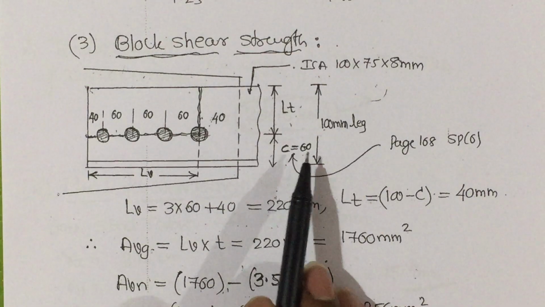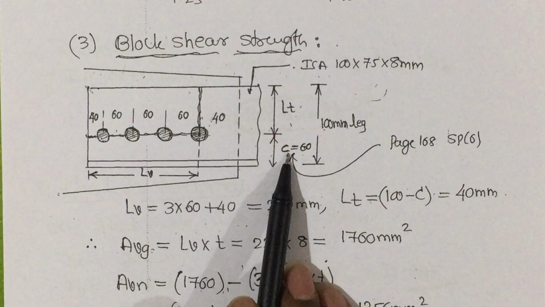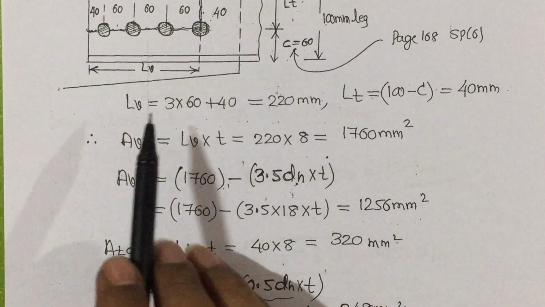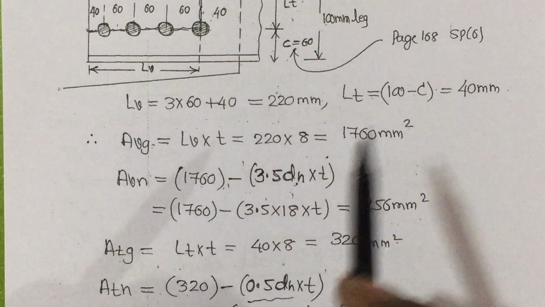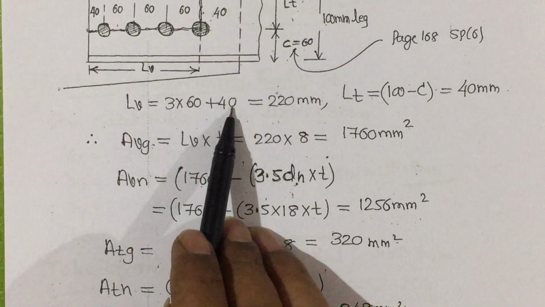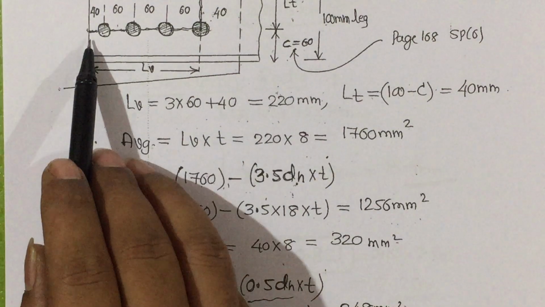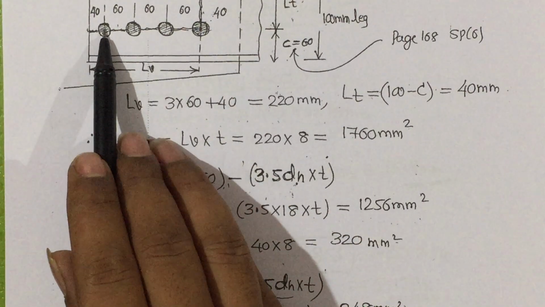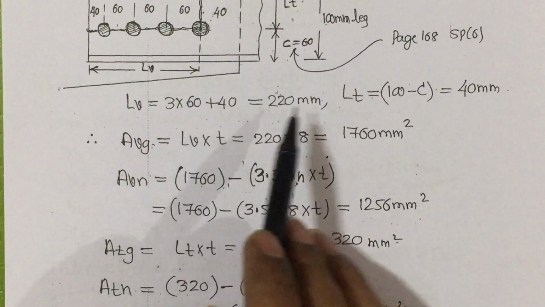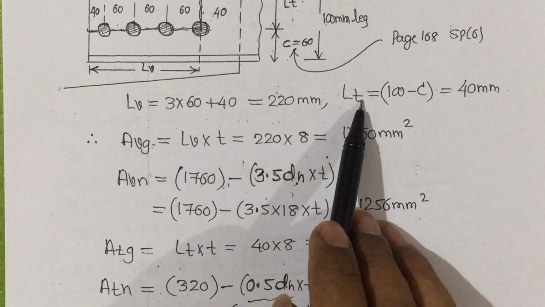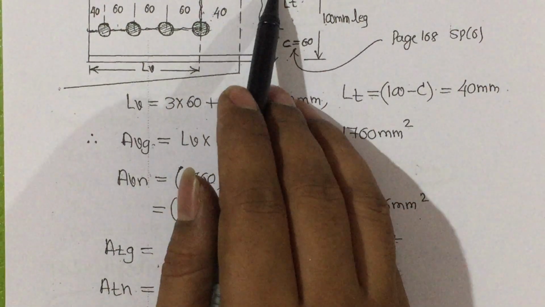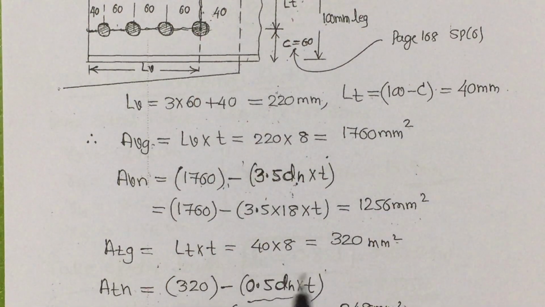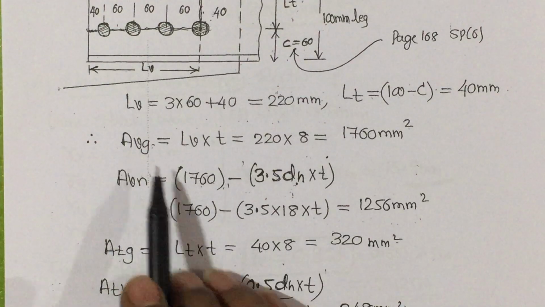Now, from the steel table we got the value of C. Lv is given by 3 into 60 plus 40, that is from the extreme edge to the outermost bolt, 40 plus 3 times 60, 220 mm, and Lt is total length minus C, 100 minus 60, 40 mm.